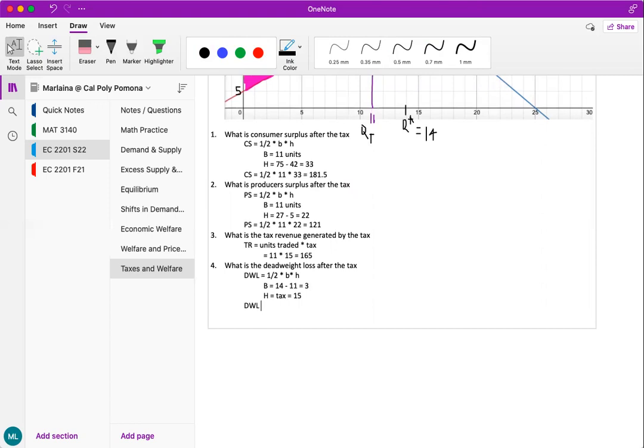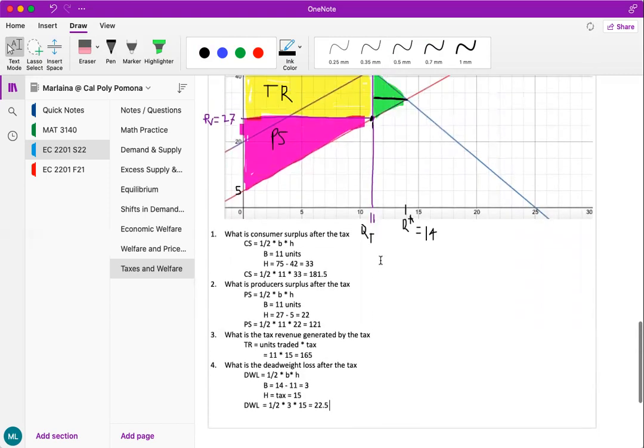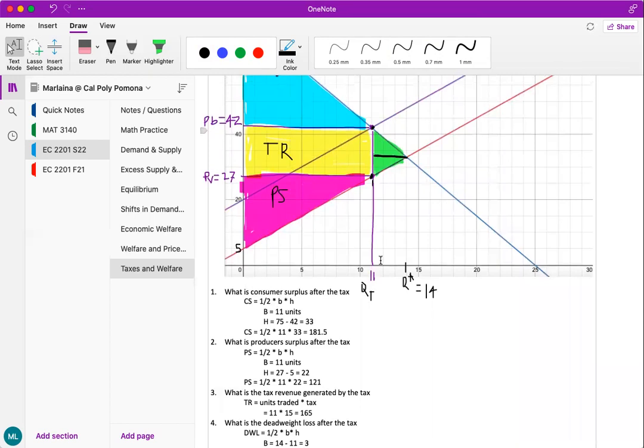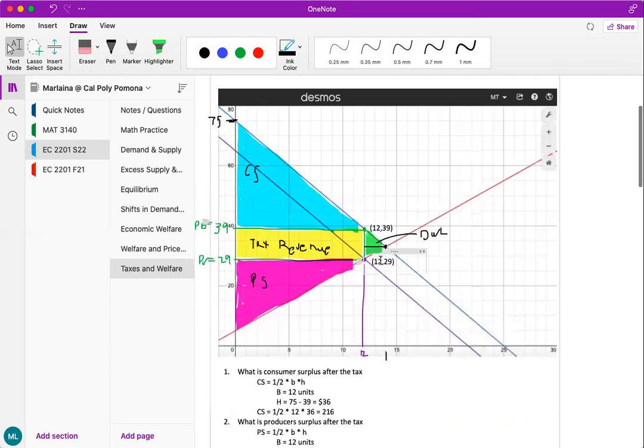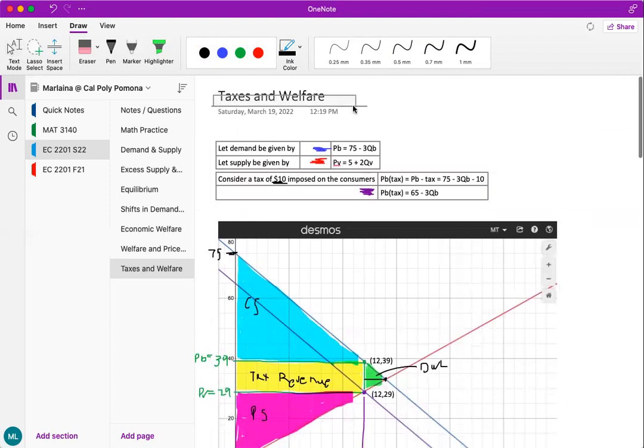And so solving for our deadweight loss, we're going to see 1/2 times 3 times 15 is going to give us 22.5 for our deadweight loss. And that is going to complete this week's examples for taxes and welfare.